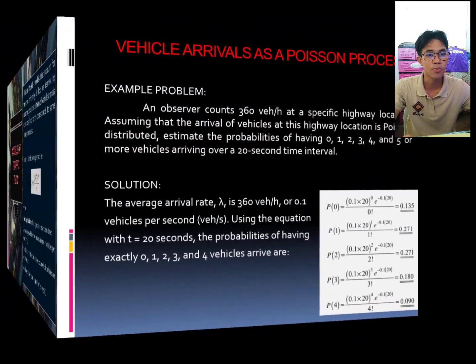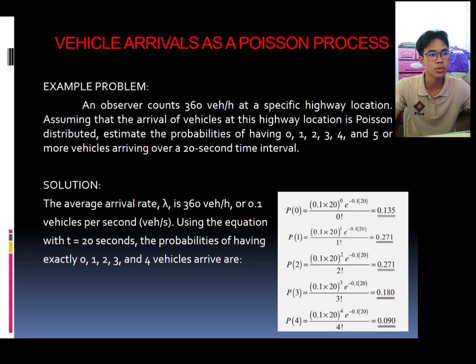So we have an example problem for vehicle arrivals as a Poisson process. An observer counts 360 vehicles per hour at a specified highway location. Assuming that the arrival of vehicles at this highway location is Poisson distributed, estimate the probabilities of having 0, 1, 2, 3, 4, and 5 or more vehicles arriving over a 20-second time interval. Solution: the average arrival rate lambda is 360 vehicles per hour or 0.1 vehicle per second.